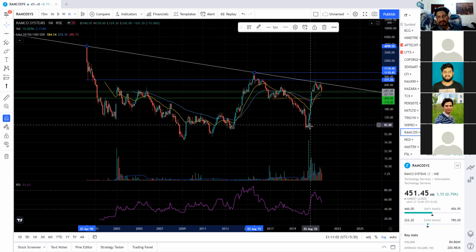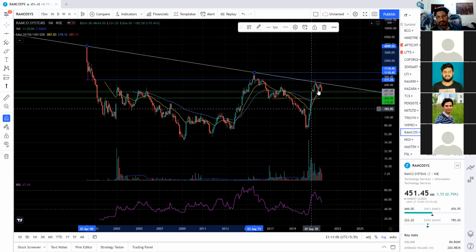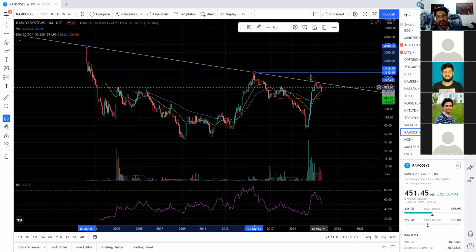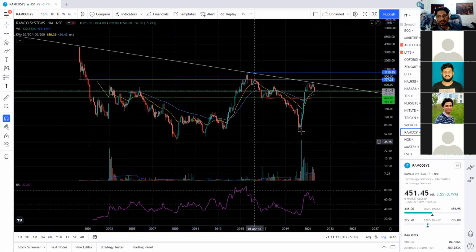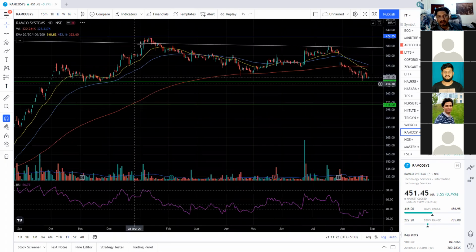So even after going up from 60 rupees to 700, 800 rupees, the price is still in a downtrend. The impact of the downtrend is so severe that the peak price was 785, and the current price is 450. When you look at the closer picture, the correction is severe, right?